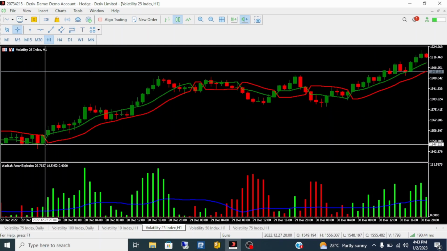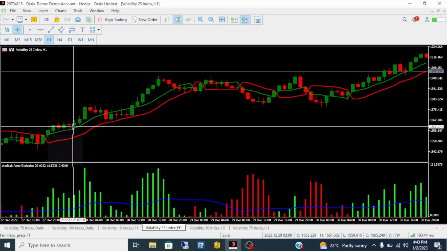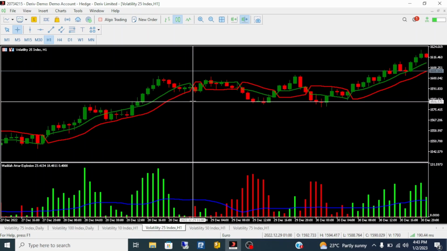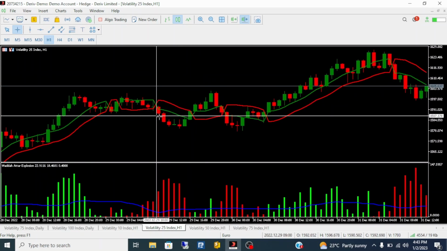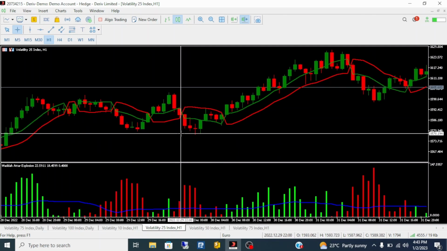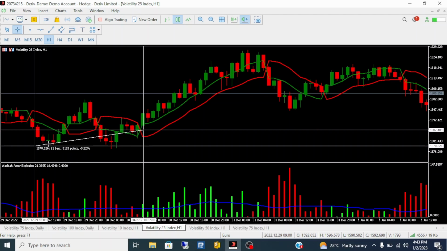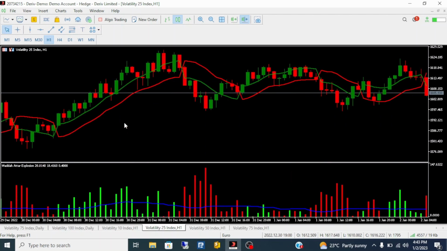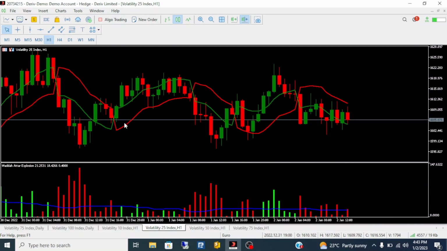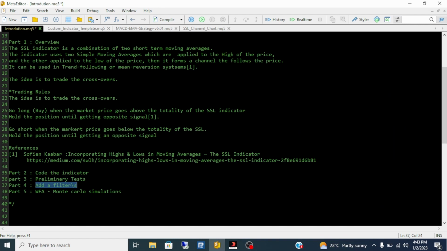Here could have been a winner; by eyeballing we can see that, but here we definitely see that this was a loss, right? So we need some sort of a filter to filter out places where there is no volume or no volatility, or when the market is choppy, or however you define it. That's what we're going to be doing in the next video.